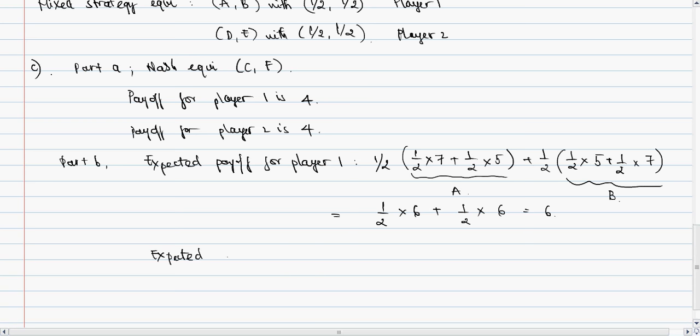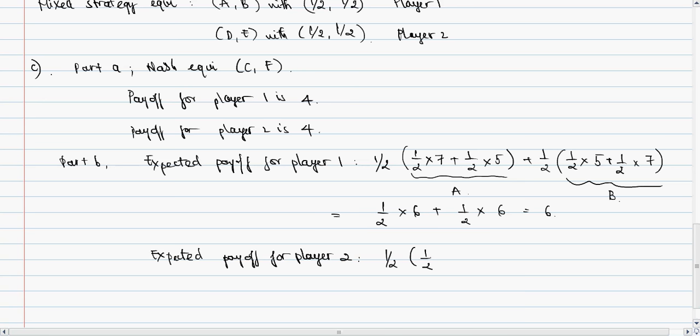So we do a very similar thing to find the expected payoff for player 2. Player 2 will be playing D with a probability of half, and playing E with a probability of half. So half of the chance he will be playing D, and the payoff he gets by playing D is going to be equal to, it depends on the strategy played by player 1, and that will determine the payoff that player 2 will be able to get.